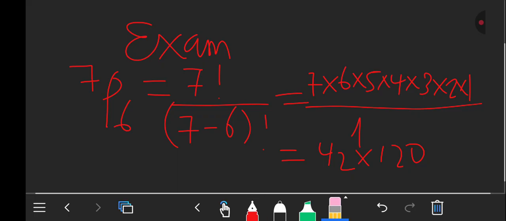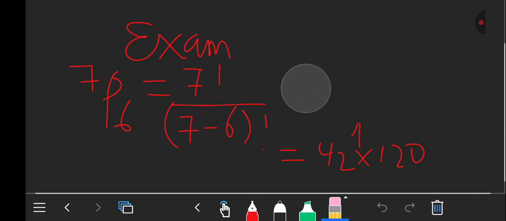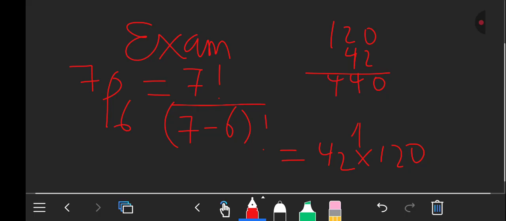So let's evaluate that. We have 120 multiplied by 42, so 0 times 2 is 0, 2 times 2 is 4, 1 times 2 is 2. Then 4 times 0 is 0, 4 times 2 is 8, 4 times 1 is 4.